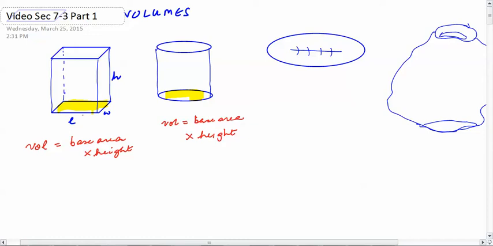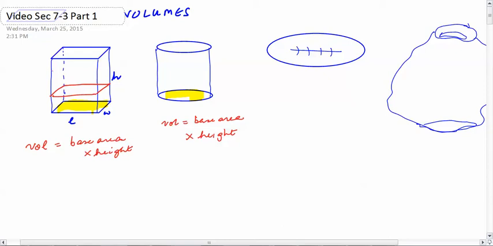If you look at the box and the cylinder, and I've drawn them so that their bases are on a nice flat horizontal surface, imagine just making slices horizontally. Let's make a slice near the bottom, a horizontal slice of the box, and I'll get a shape that is a rectangle.